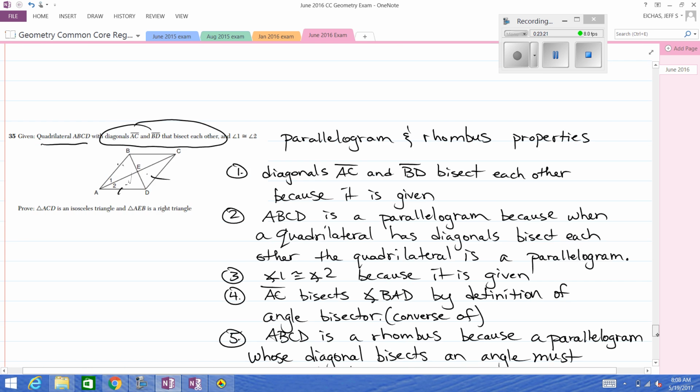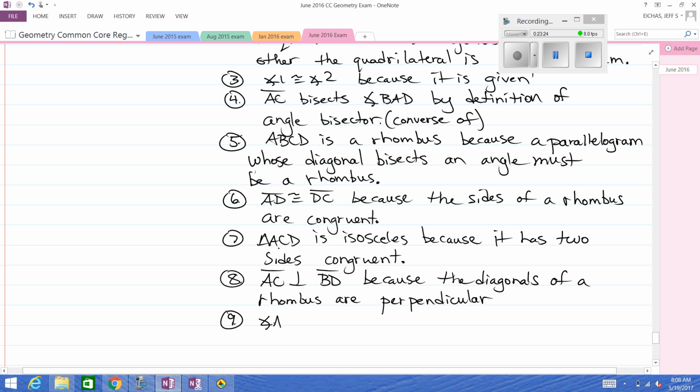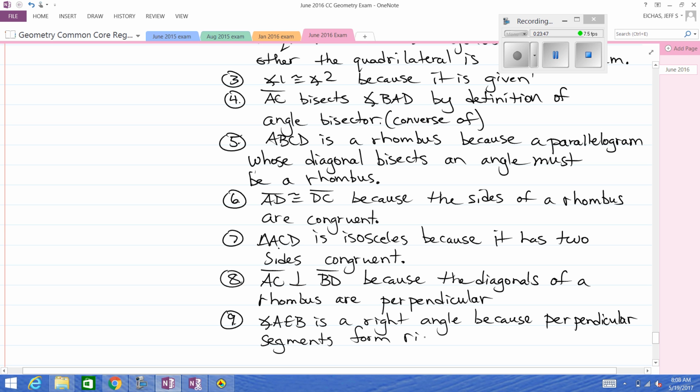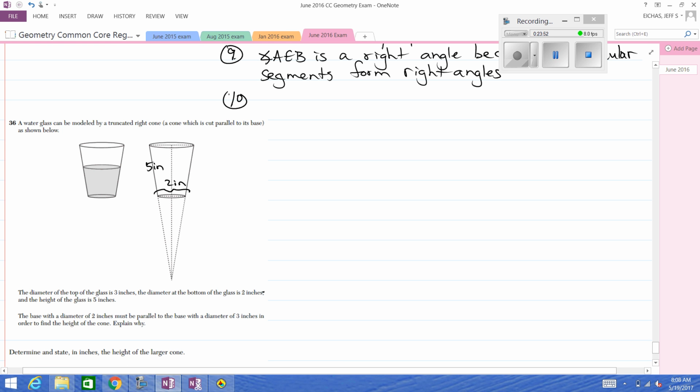That gives us angle AEB is a right angle, because perpendicular segments form right angles. And triangle AEB is a right triangle because it has a right angle.